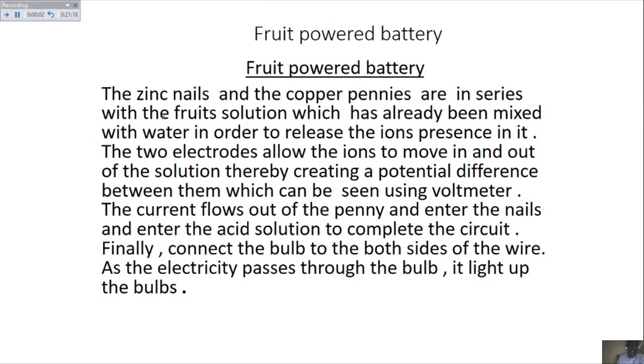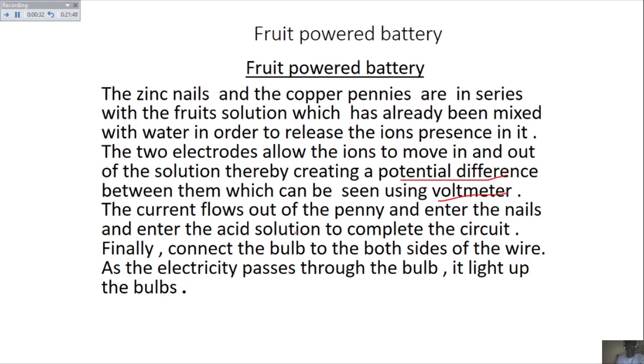Now, this is the chemistry of what happened in that particular solution. The zinc nails and the copper pennies are in series with the fruit solution, which has already been mixed with water in order to release the ions present in it. The 2 electrodes allow the ions to move in and out of the solution, thereby creating a potential difference between them, which can be seen using a voltmeter.